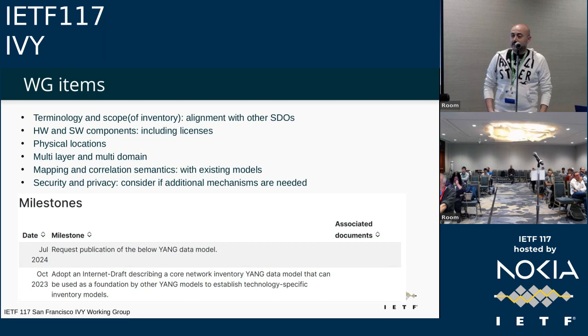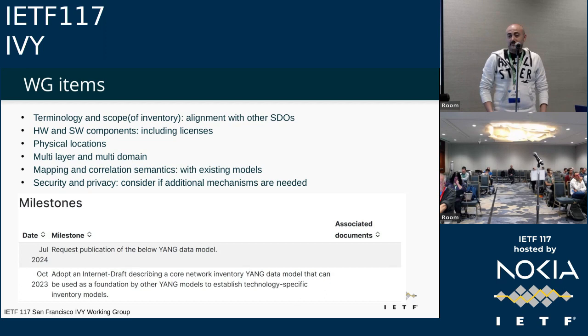Multi-layer and multi-domain: this fits very well with our digital map work, so we would like to understand how the different pieces fit together, also from an inventory point of view. Mapping and correlation semantics: this is another topic that we anticipated before, which is how the inventory relates to topologies, or whatever comes to your mind.